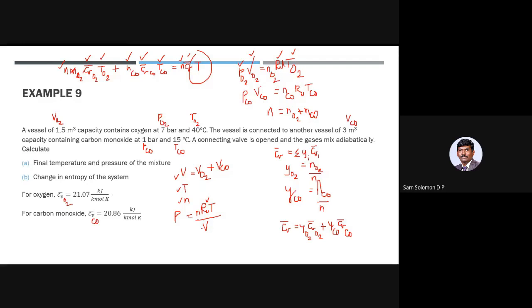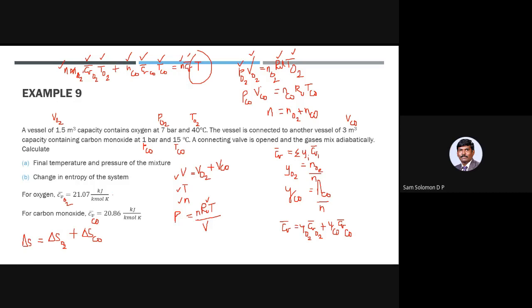And change in entropy. So for change in entropy alone, you have to find out what is the change in entropy of oxygen, and you have to separately find out the change in entropy of carbon monoxide. Okay, so change in entropy of oxygen, we usually write mCv into ln of T2 by T1 minus R ln of V2 by V1.